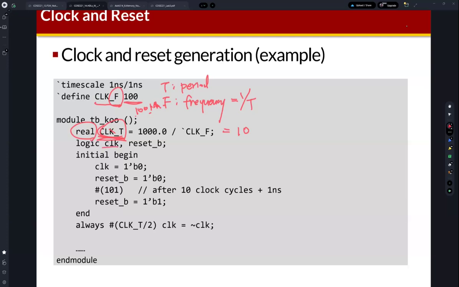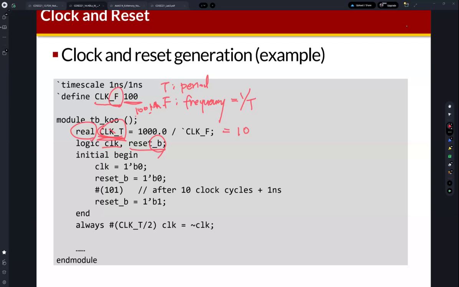Then I declare the clock and reset_n. So what is reset_n? It represents that this reset signal is a negative reset. Okay.